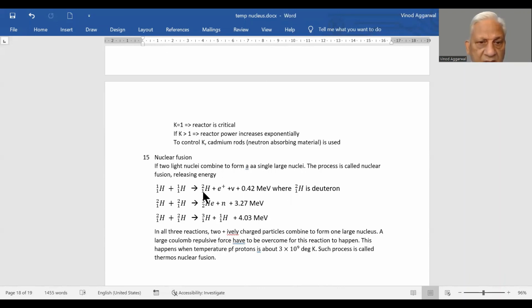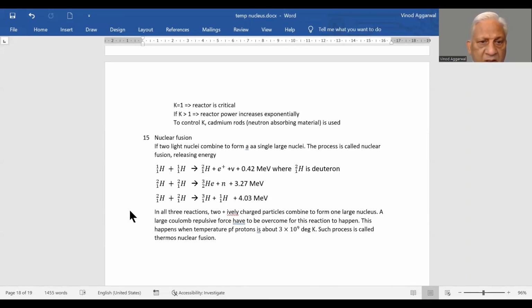They combine together to form another hydrogen atom, deuterium, with the same atomic number but twice the atomic mass. And in this process, so much energy is released. And there are various reactions in which different levels of energy are released.